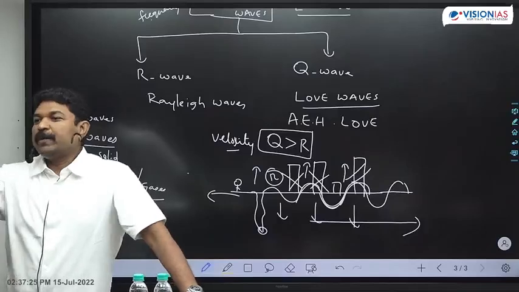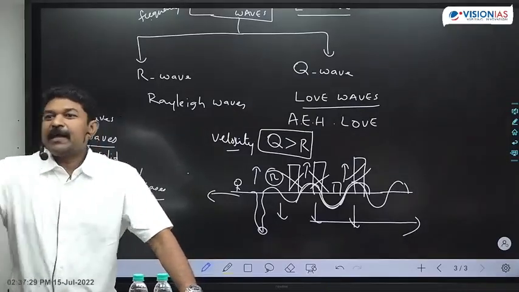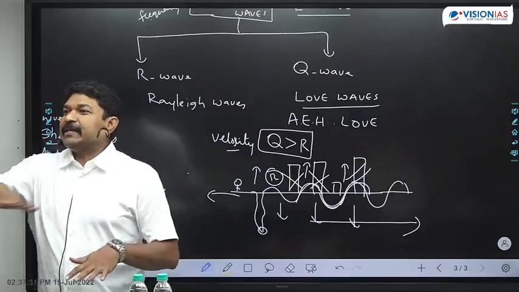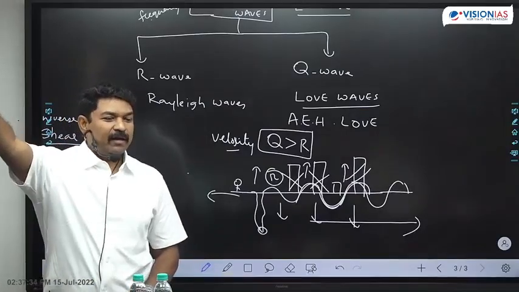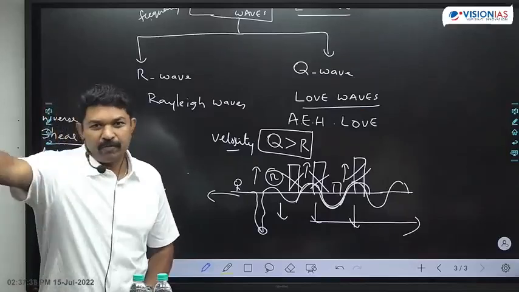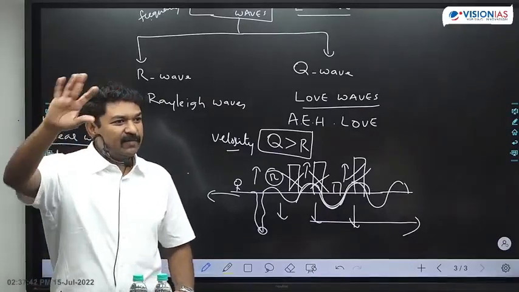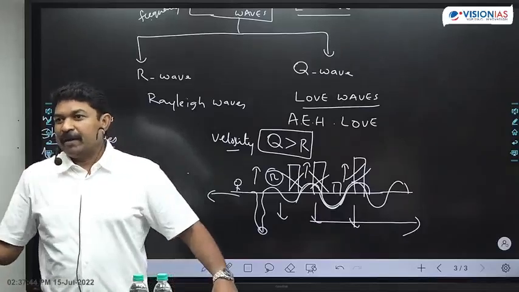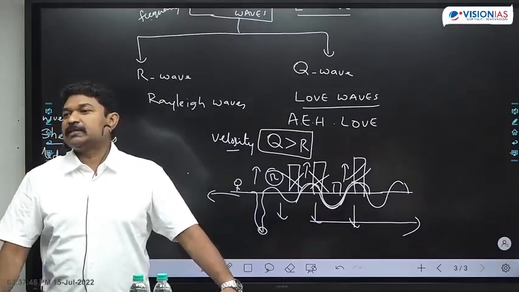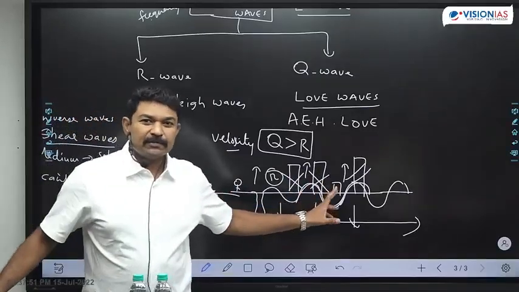What do you mean by to and fro? It will be moving just like a snake. Don't write snake in the exam. The wave will be moving like this, to and fro. Whenever it is to and fro, what happens? More destruction is caused. Out of all the waves, Q waves are highly destructive.